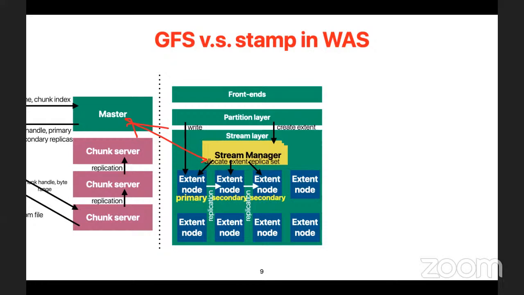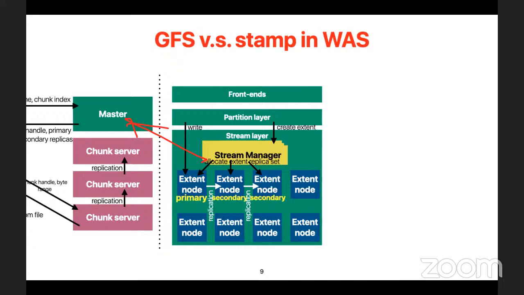And again, similar to the Google File System design, we have 3 replicas of each piece of data. So every piece of data will be repeated 3 times in both Google File System and Windows Azure Storage. And the replication is done within the stream layer.